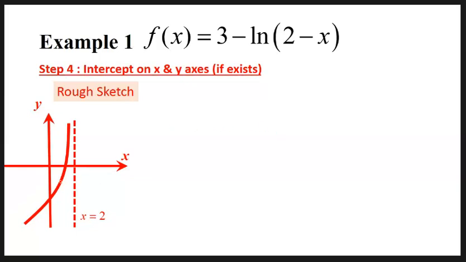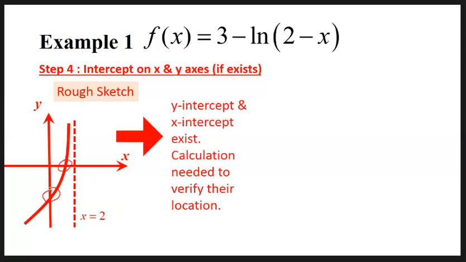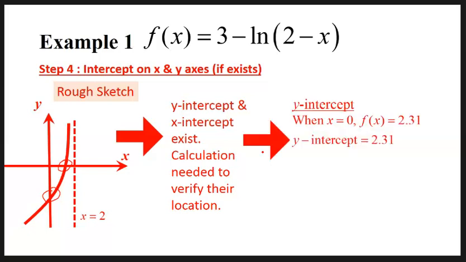From our observations here, we can see that this graph should have both x and y intercept. But calculation needs to be done to further verify, is this the actual location that we have for the x and y intercept? Because who knows, this rough sketching is not so accurate, so we need it done by calculation.